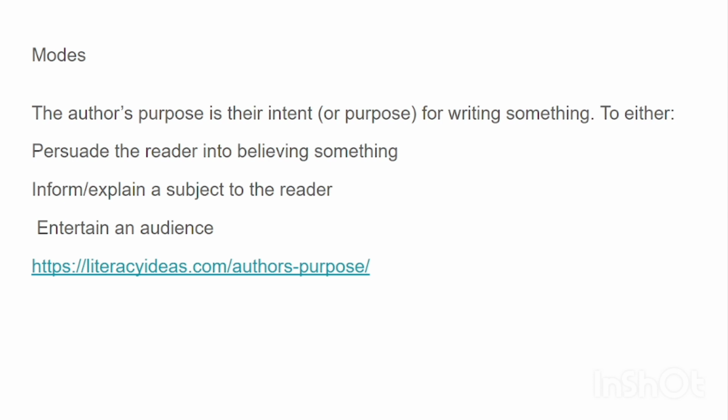Are they writing to inform, to persuade, or to entertain? Remember the vegetable garden passage that we read earlier, I thought he was trying to persuade, but clearly that is not effective as they said, but I'm just giving you an example. Clearly that person was trying to persuade us on something, right? You have other regular passages that just inform or explain something. History passages, for example, inform or explain a lot of information. And then you have entertain.